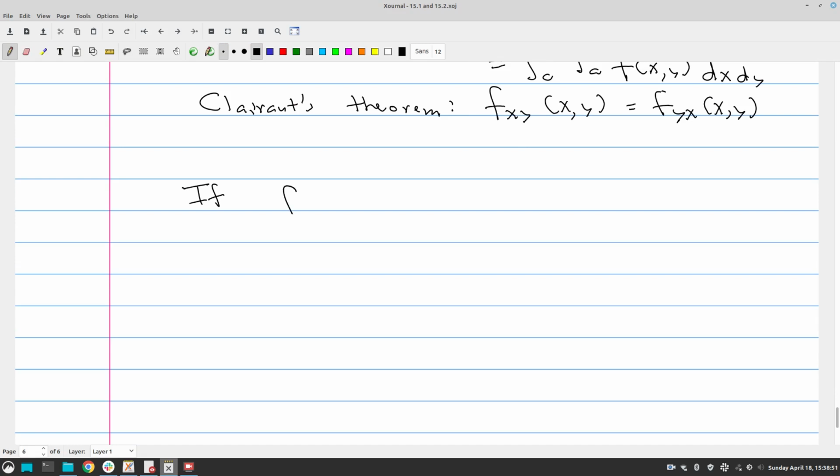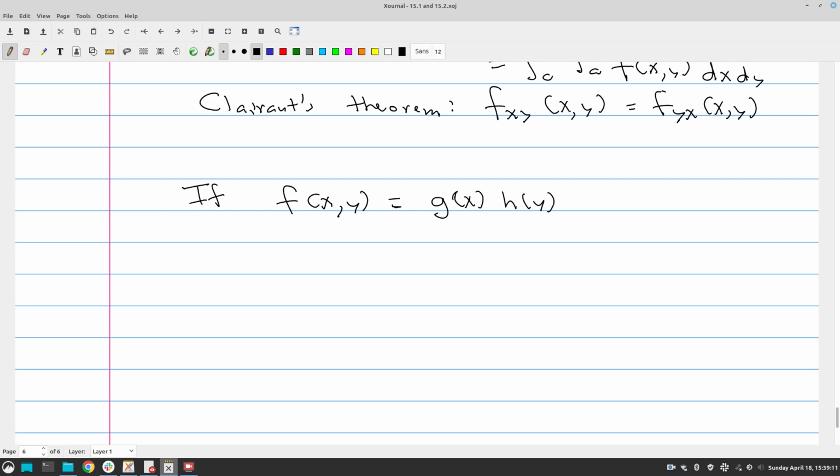Let's say if you can write f of x, y equal to some g of x times h of y.